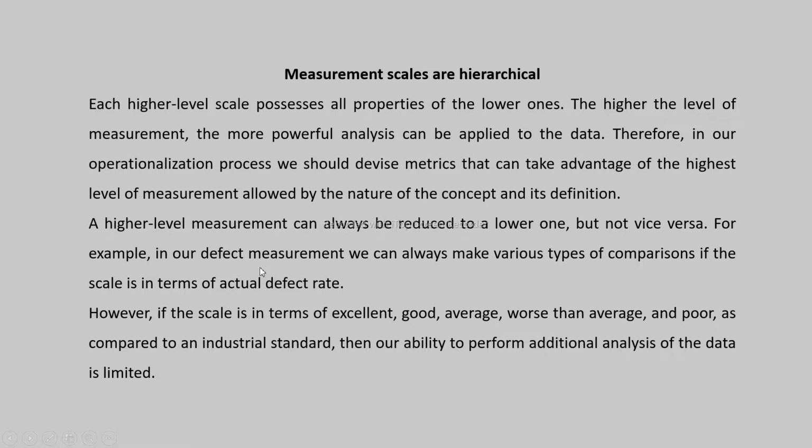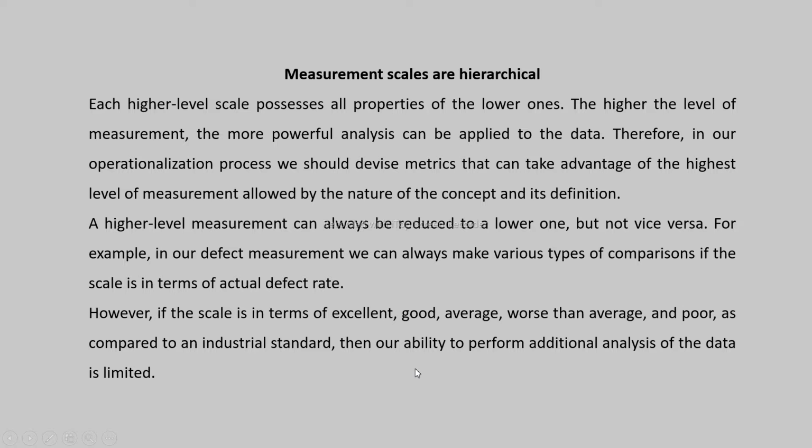For example, in our defect measurement, we can always make various types of comparisons if the scale is in terms of actual defect rate. If the actual defect rate is there, we can have different types of comparison between different software products. However, if the scale is in terms of excellent, good, average, worse, and poor as compared to an industrial standard, then our ability to perform additional analysis of the data is limited.